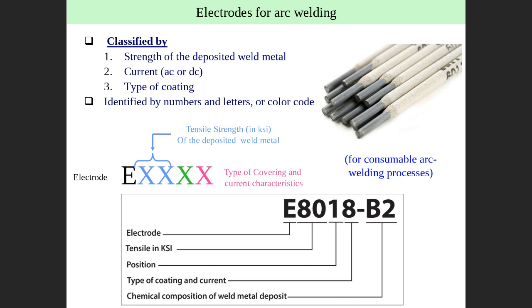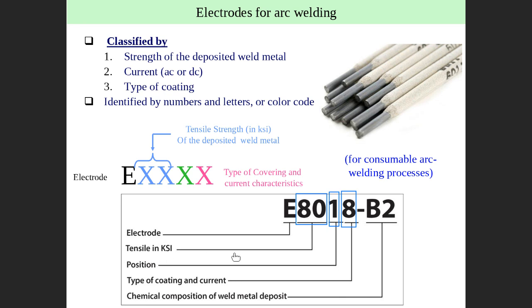The first two numbers tell us about the electrode strength, the tensile strength of the coated material. This one is the position: vertical position, tilting position, horizontal position, and so on. This one specifies the current type and coating type. Coating type means the flux type.